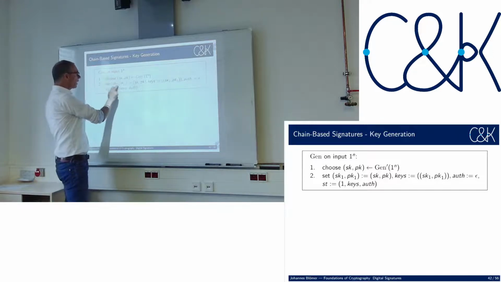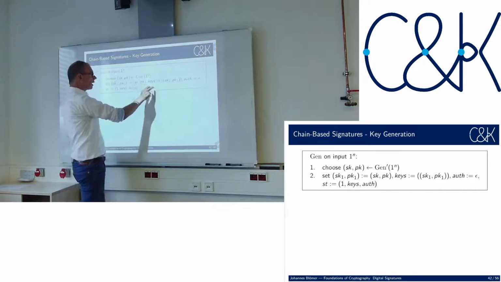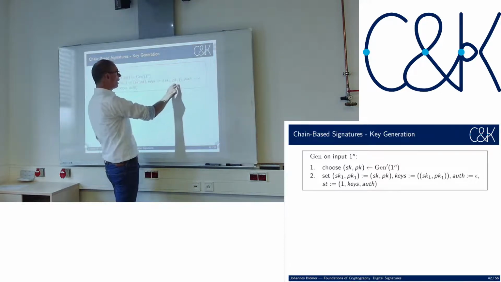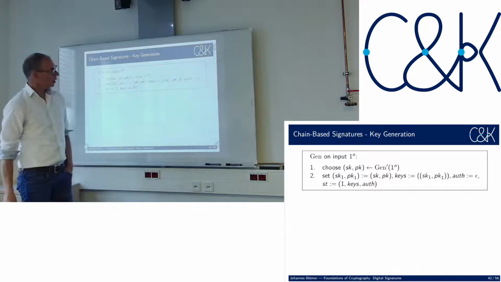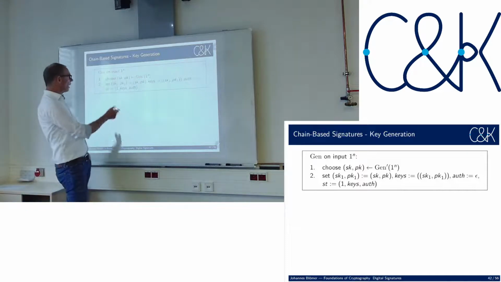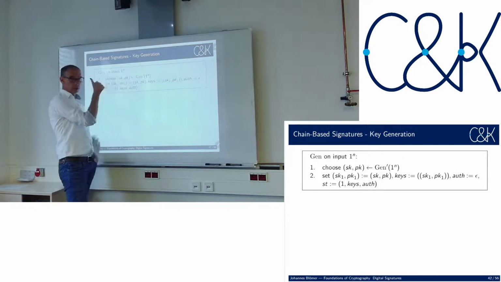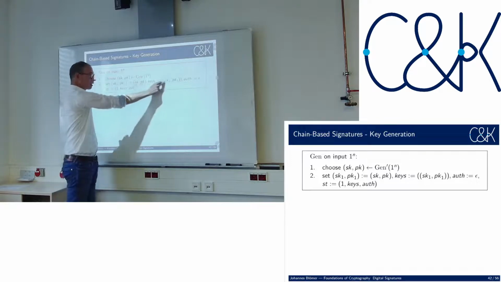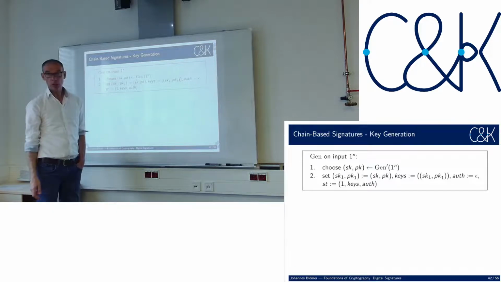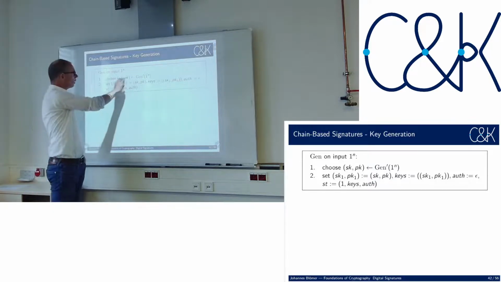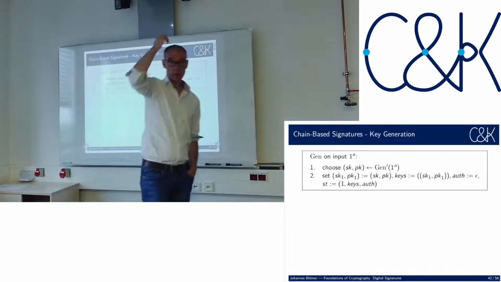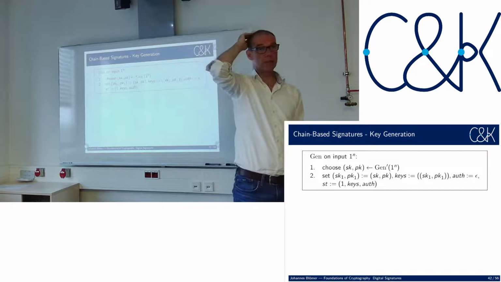So here we set SK1, PK1 to be SK, PK. The keys in the beginning from the key generation is simply SK1, PK1. Out of all is a list that's originally empty. And then the state is 1, a counter, the keys, which is a list of pairs, and auth. So the secret key, public key will be this, and this is the state now. Remember, for stateful signatures, we have a key pair, and we always have a state.